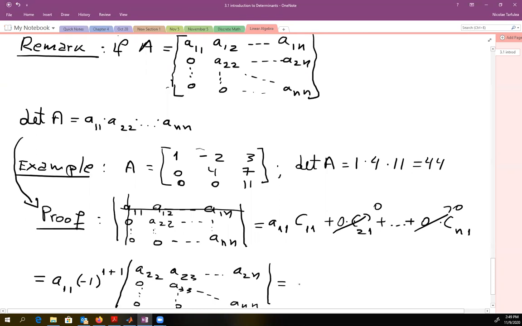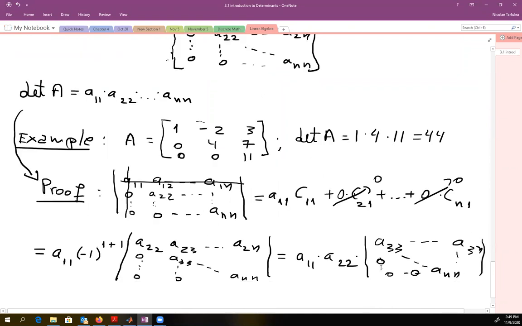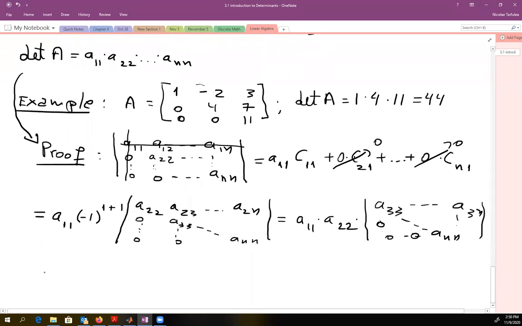You repeat this, you get A11 times A22 multiplied by A33 here, Ann, zeros everywhere here, and then A3n, and so on. In the end, if you repeat this n steps, you end up with A11 times A22 times Ann.